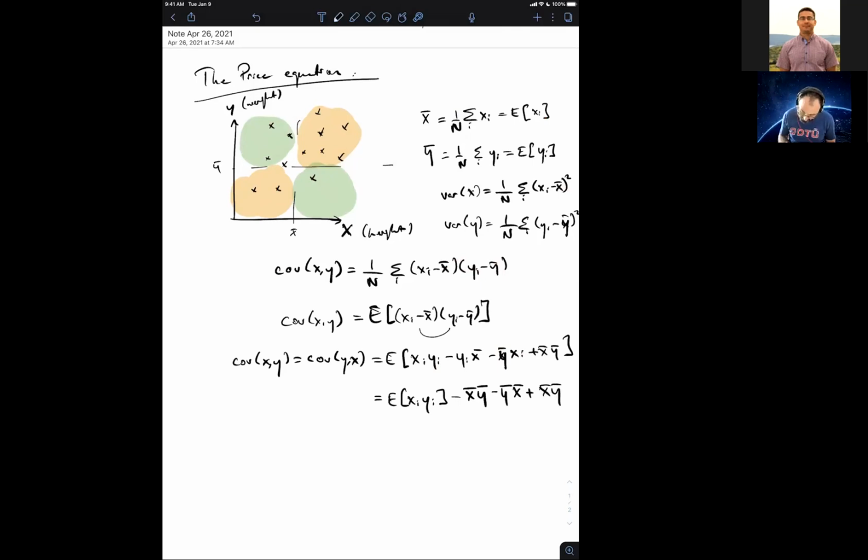Okay, so then the whole thing you can write as the expectation of the average of the product of x and y minus the product of the averages. Okay. So this is the average of the product. So you first take the product and take the average.